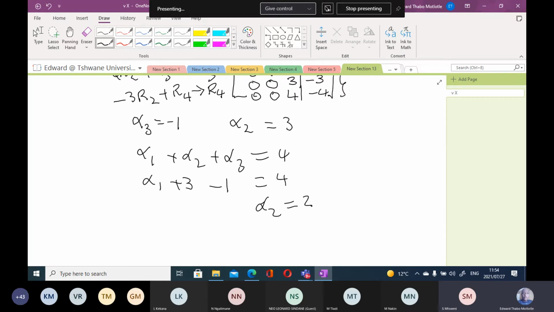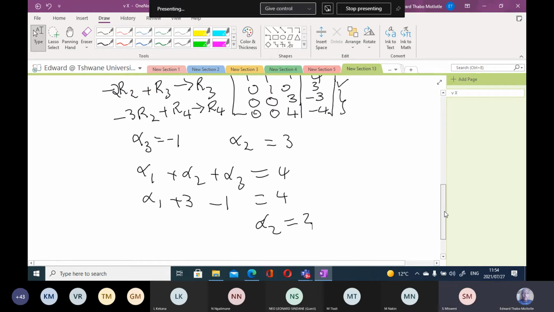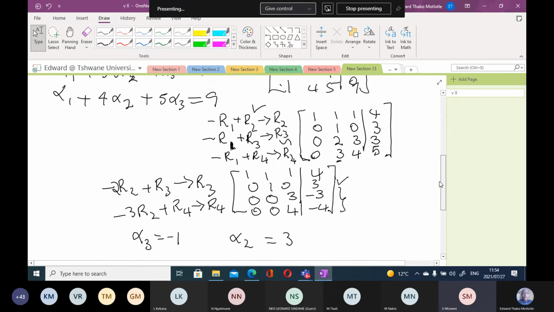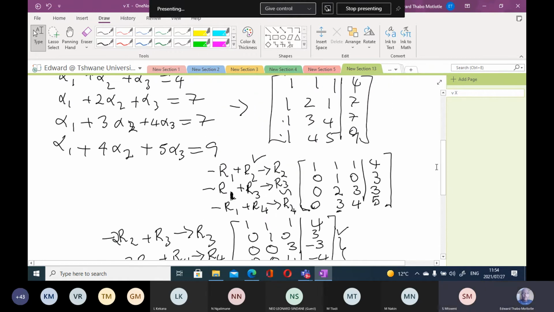Sir, can I ask something there? Yes. Go back. What is the question? Go up. Go up again. Yeah. Here. Which equation are we using to get alpha 3? The one with 3 and minus 3, or 4 and minus 4?